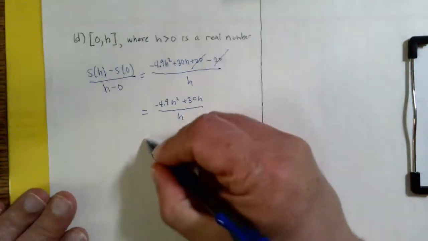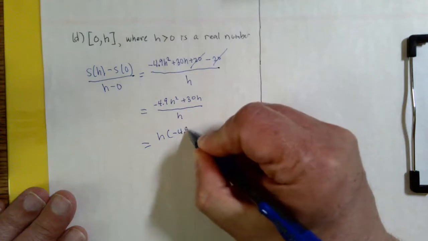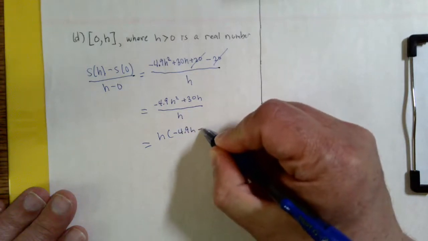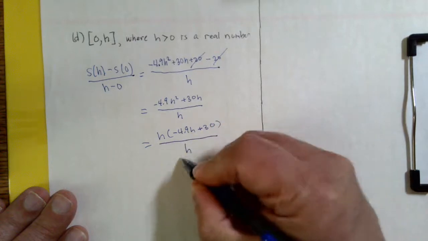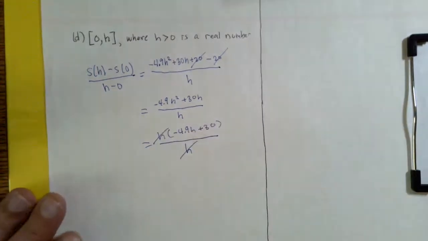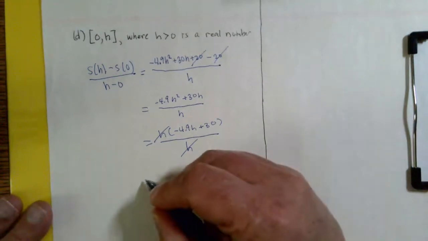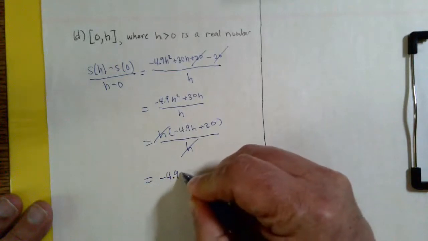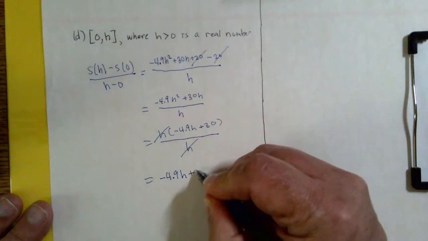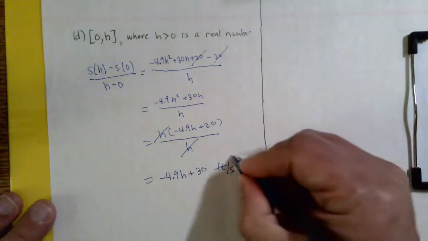So if we factor out an h, then we can cancel the factor of h in the numerator with the h in the denominator. And that gives us our answer, negative 4.9h plus 30. And again, the units would be feet per second.